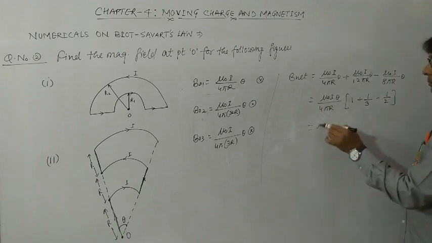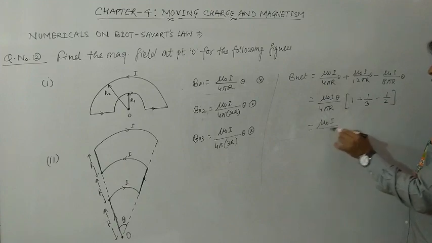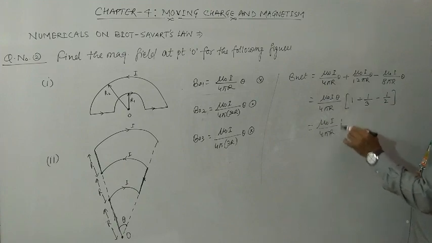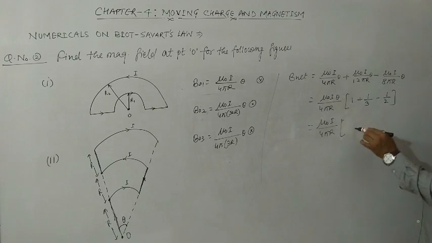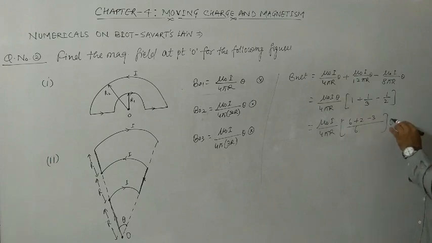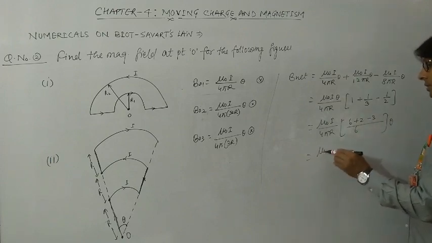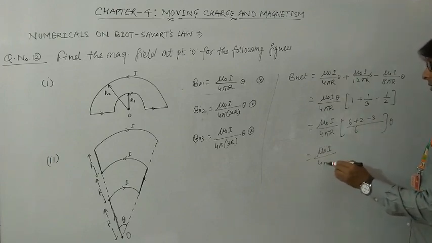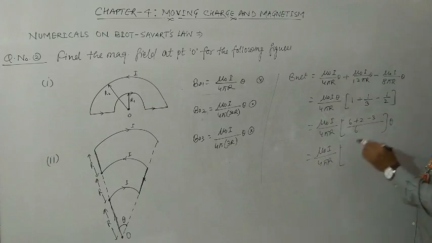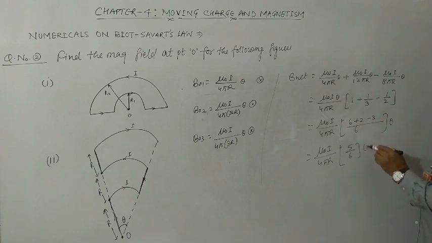After solving this it becomes 6 plus 2 minus 3 over 6 into theta, that is 5 upon 6 into theta.